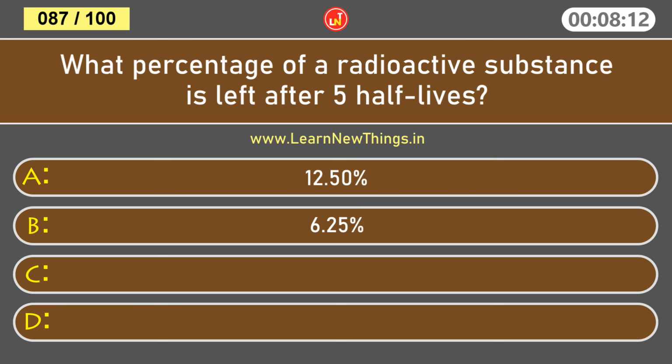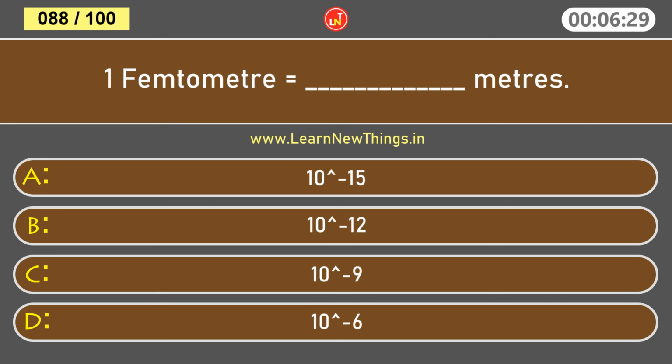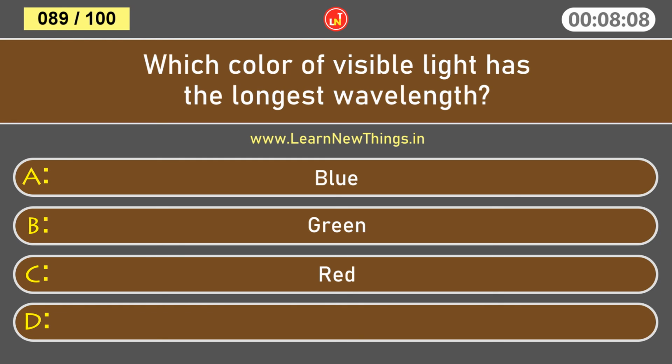What percentage of a radioactive substance is left after 5 half-lives? 3.125%. 1 femtometer equal to dash meters. 10 to the power of minus 15. Which color of visible light has the longest wavelength? Red.